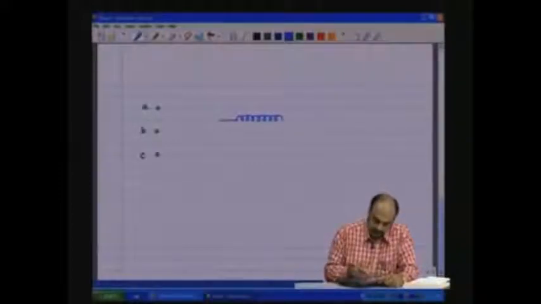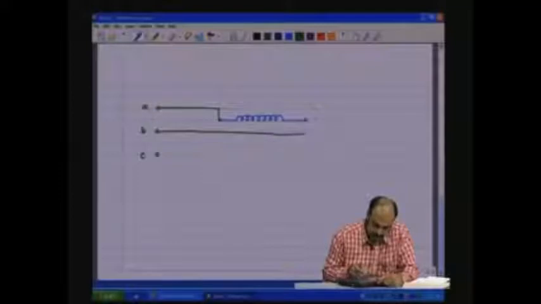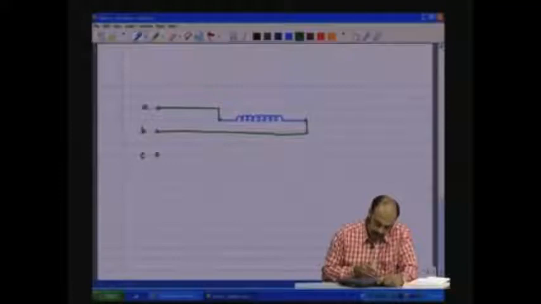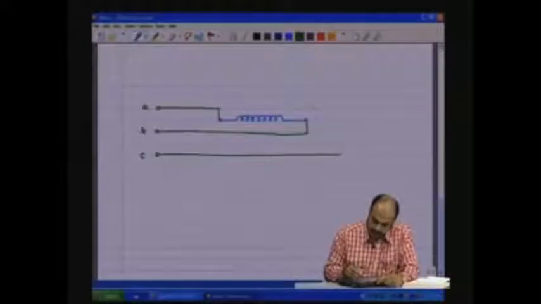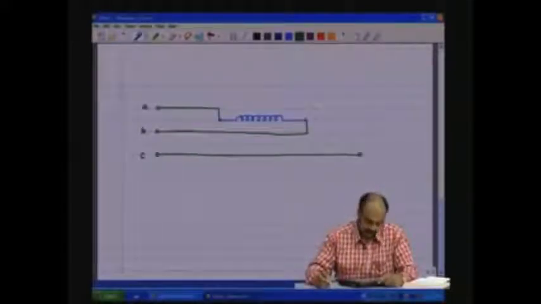I am going to take the primary, and to the primary terminals let us make the connection, the A phase connection here, the B phase connection here, and the C phase connection, the C line just goes out like that, without getting connected to any part of the transformer.